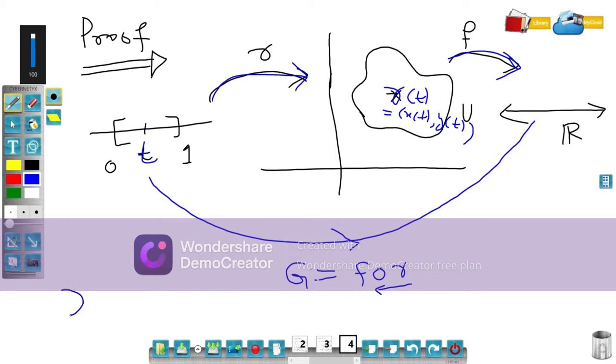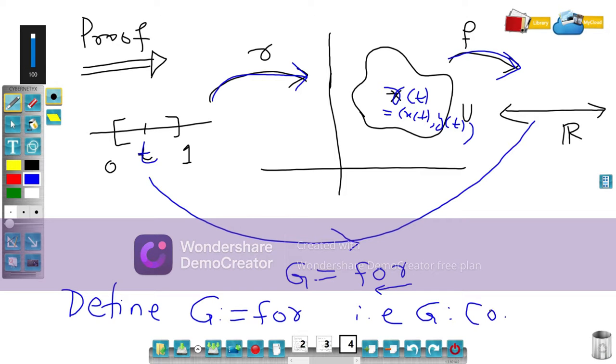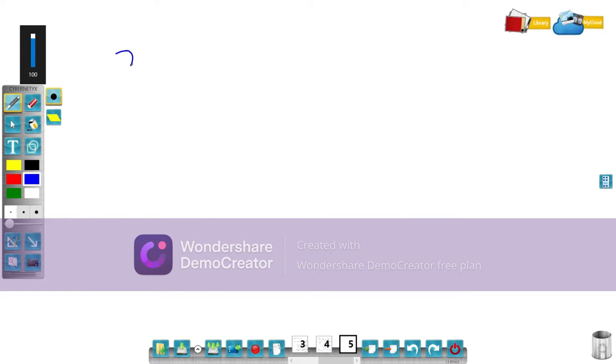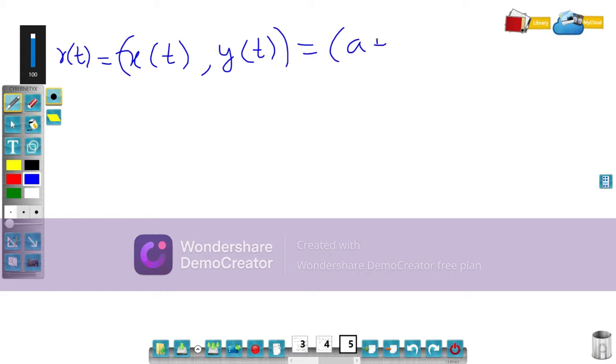So we can define g as a function from the closed interval [0, 1] to R. And r of t is equal to (x of t, y of t), which is taken to be (a plus th, b plus tk).